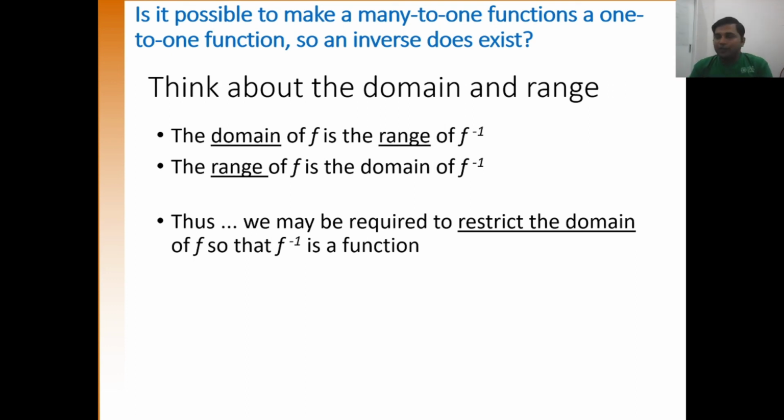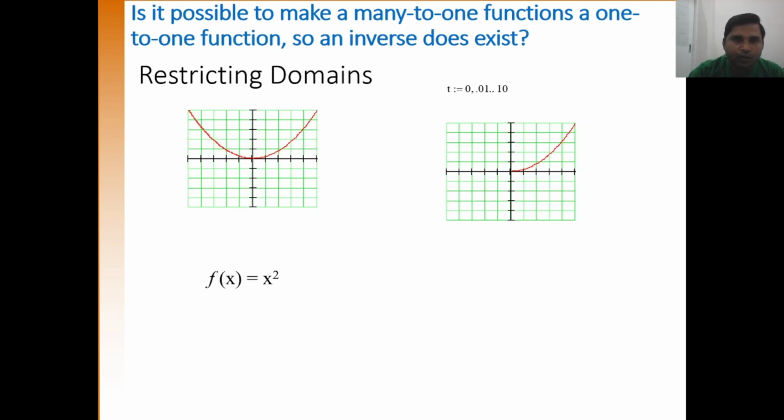So now we will discuss how we can restrict the domain of a many-one function and convert it to a one-one function. Once it gets converted to one-one, the inverse is defined for that many-one function if we restrict the domain. So here it is f(x) equals x squared.